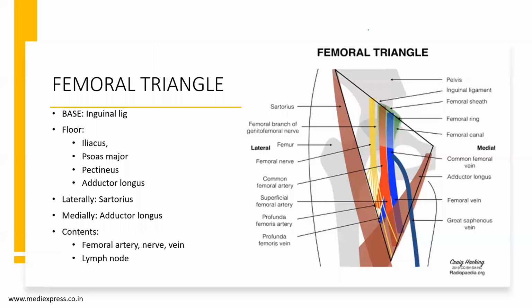Before we come into the other details of the borders and the contents, let us go through a little details about the femoral triangle as such. The shape of the femoral triangle is a little important one. So what is the shape of the femoral triangle? Femoral triangle is wedge shaped.